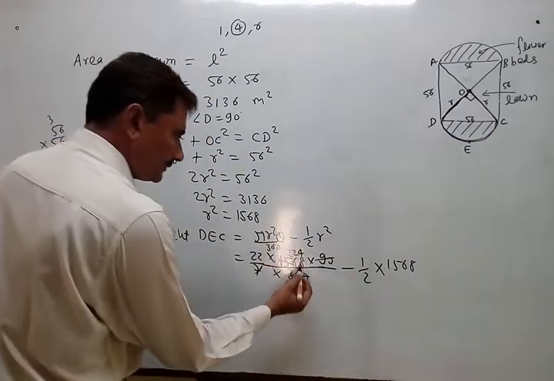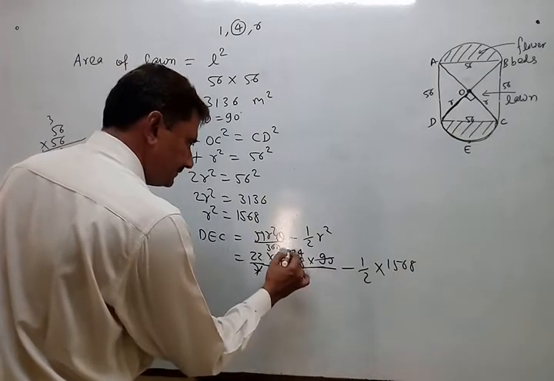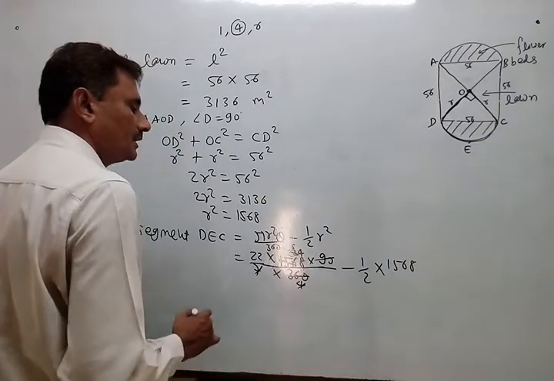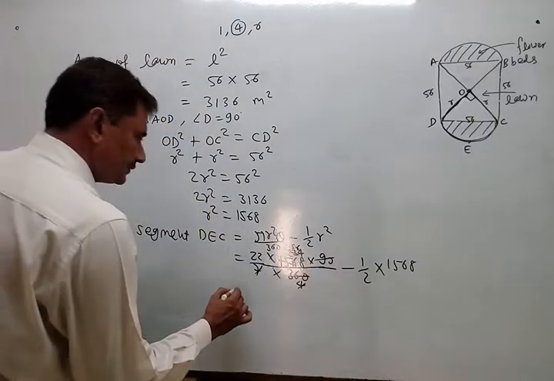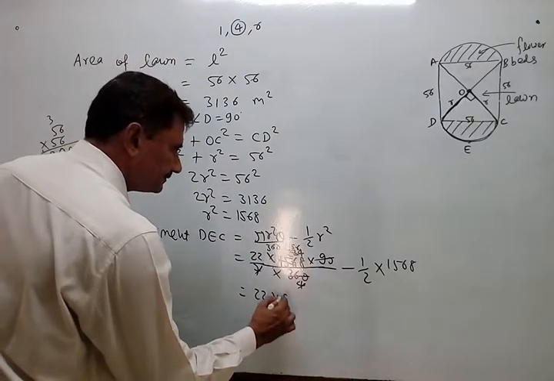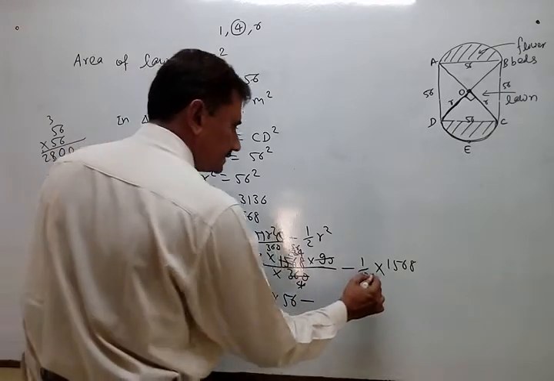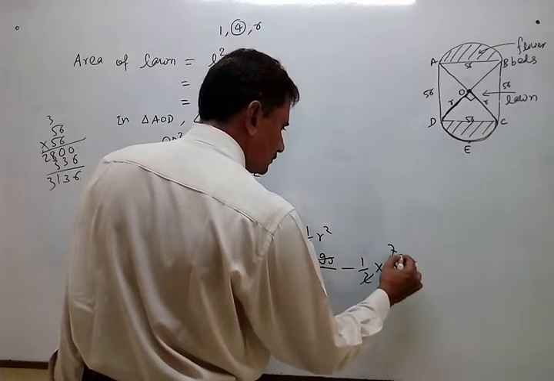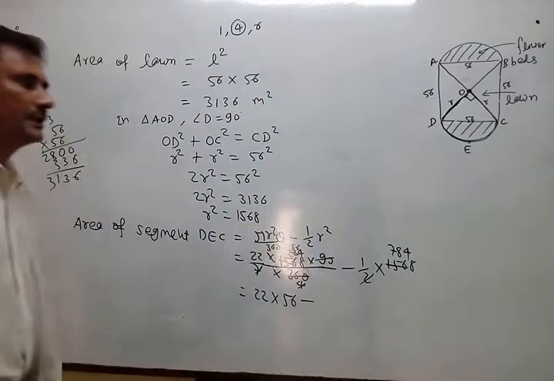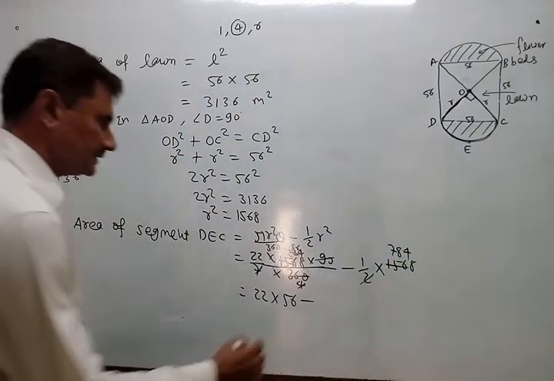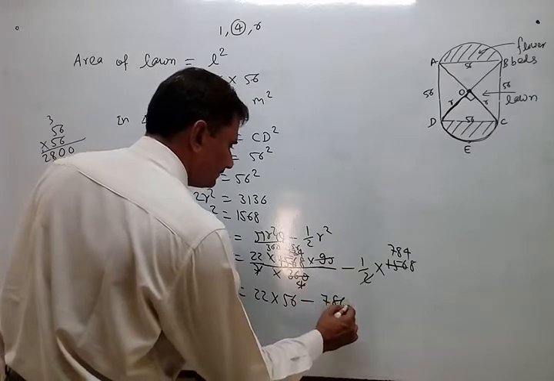Now 4 5 are 20. Now 4 6 are 24. So it is 22 into 56 minus. This is 2 7 are 14, 2 8 are 16, 2 4 are 8. Okay, so minus 784.